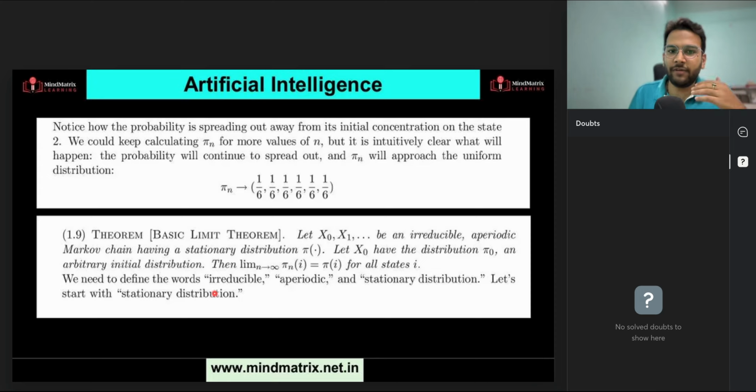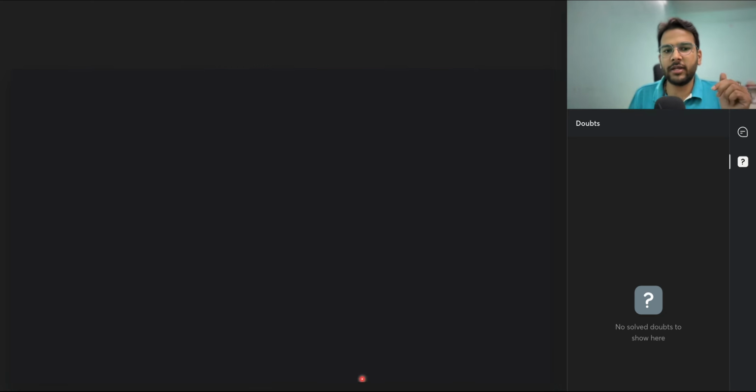Now if, like this, the number of steps that you are taking is very huge, and you can say it tends to infinity, in that case this pi vector that you are getting will stabilize, or you can say it will approach the uniform distribution. What does that mean? That means that this pi of a, in our example, will become pi only.